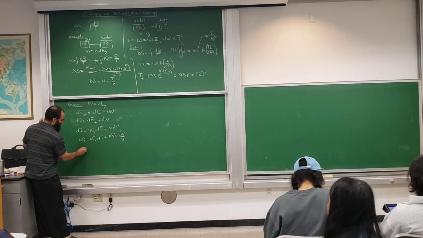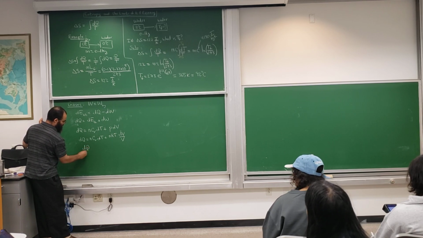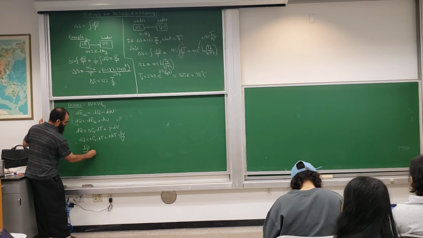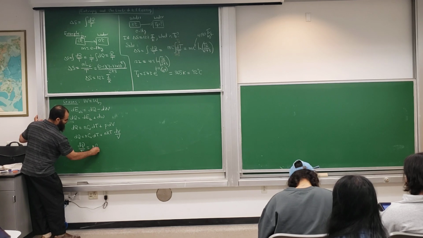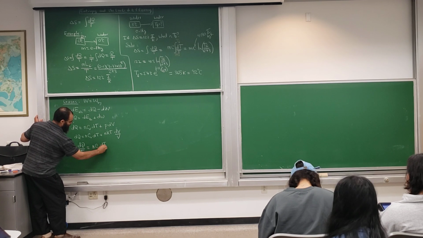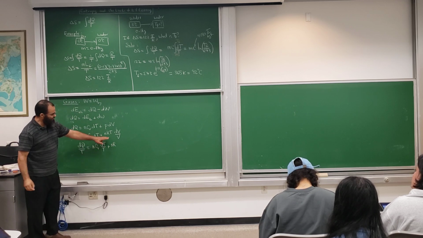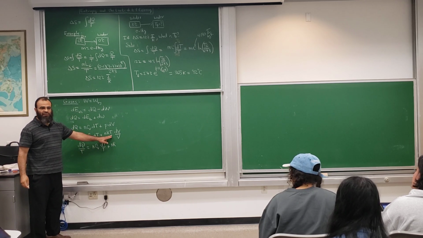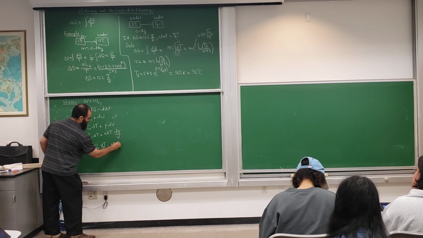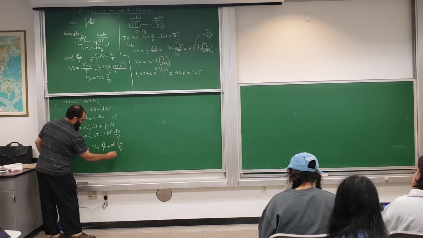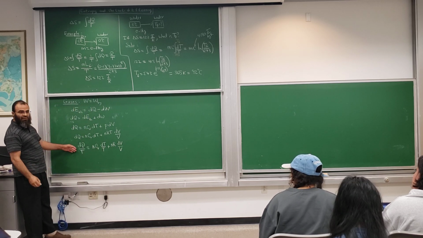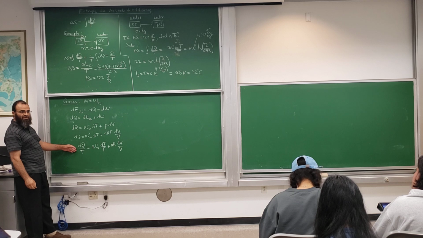So dq over T will be n C_V dT over T plus nR dV over V. I divide by T so that T goes away. Is that right?